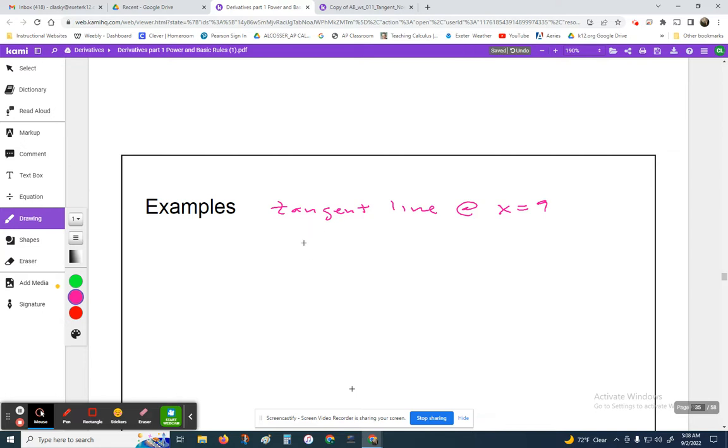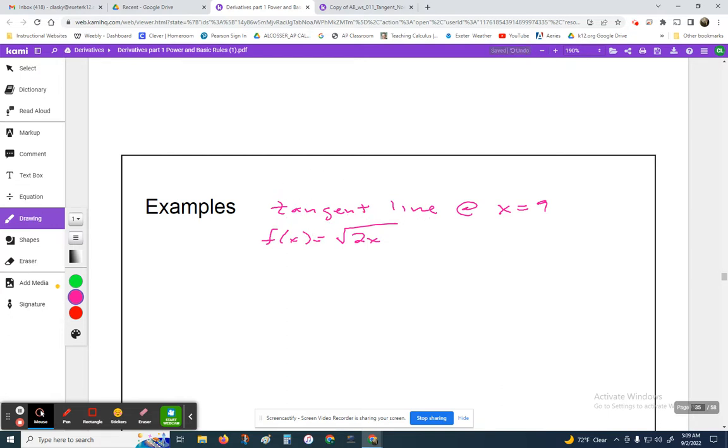And f of x is going to equal, let's do one we haven't dealt with before. Let's do 2 square root of x. I don't know. When I make these up, sometimes they go sideways. So let's just deal with this. So we need to do the tangent line.